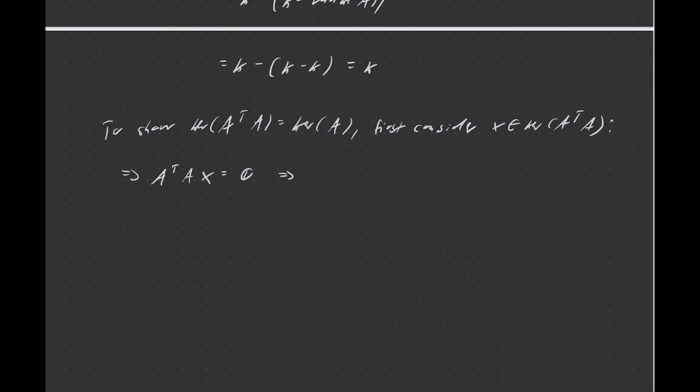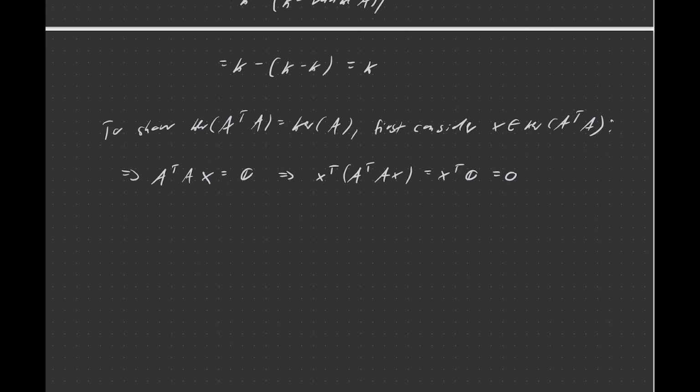And that in turn means that I can multiply x transposed on the left of that whole equation, right? Because we have a k by k matrix and x is a k vector, so that is defined. So that is x transposed times the zero vector, which is of course the number 0.